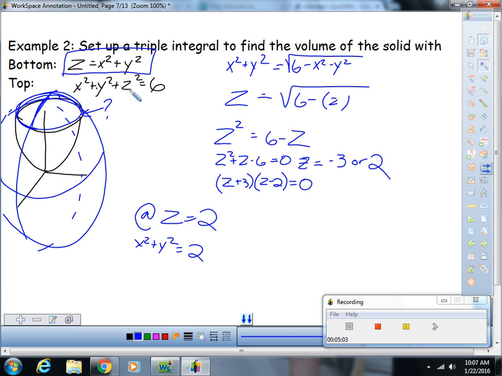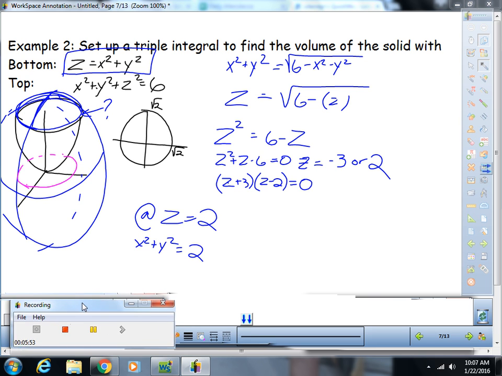So when you slice this thing, the level curve below it is the circle with radius what? Radical 2. So what that did was give us our aerial look. Does that make sense? That's where you understand level curves. So now I think we've got enough information to set up our triple integral.